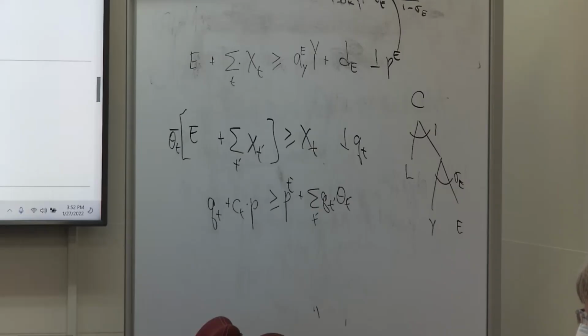So P times XI of T plus the sum over T, plus Q of T. That's the shadow price of capacity, which must be greater than or equal to PE.